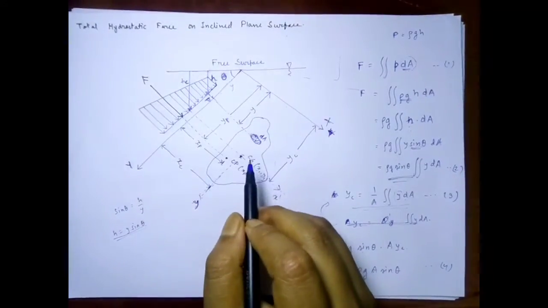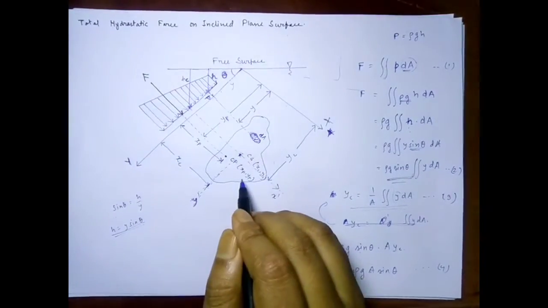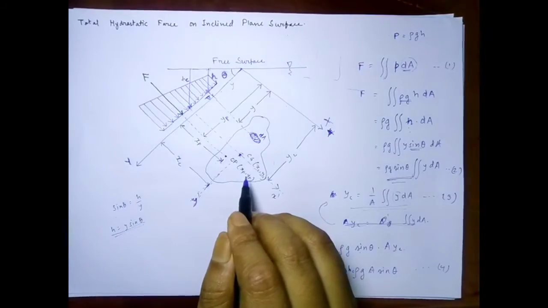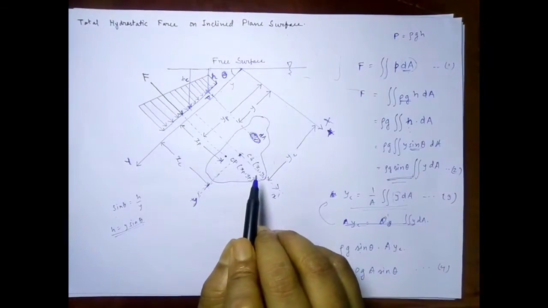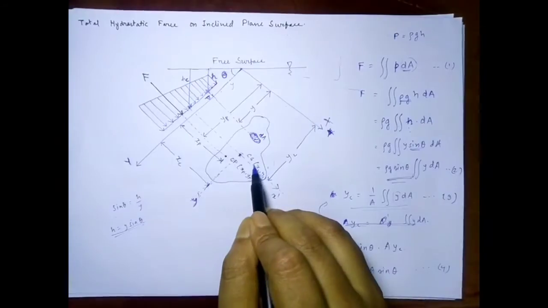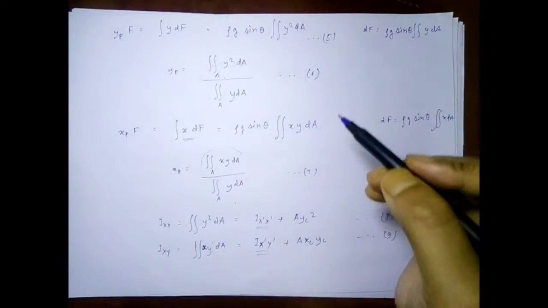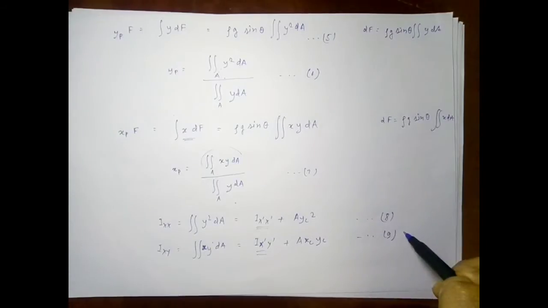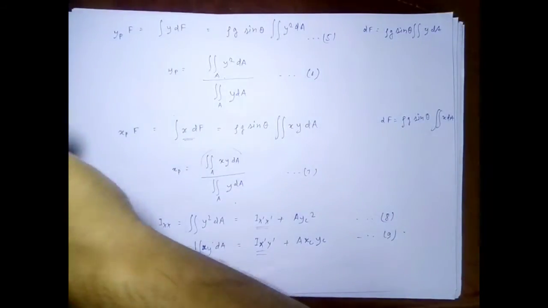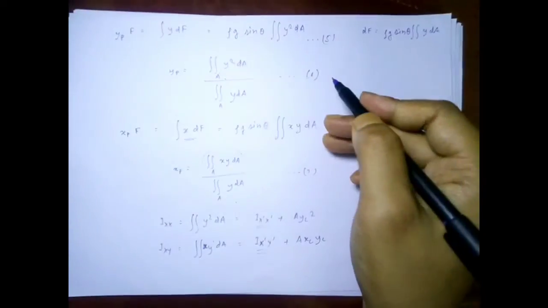So Ix dash and Ix dash y dash are the moment of inertia and the product of inertia respectively of the surface about the centroidal axes x dash and y dash. xc and yc are the coordinates of the center C of the area with respect to the x and y axes. So with the help of equations 8 and 9, and also equation 3, we can write equations 6 and 7.